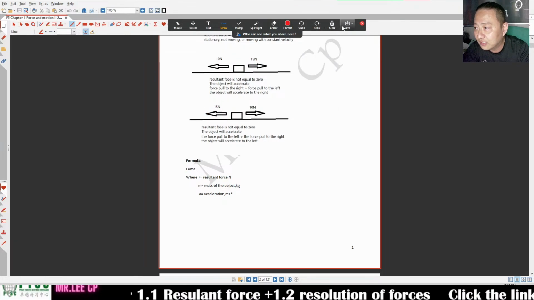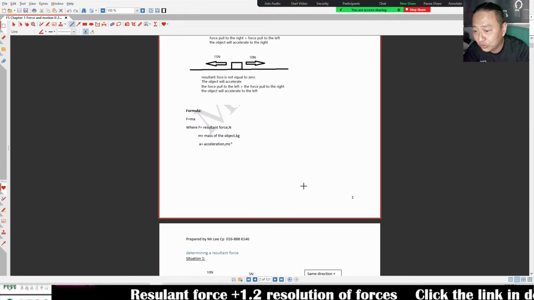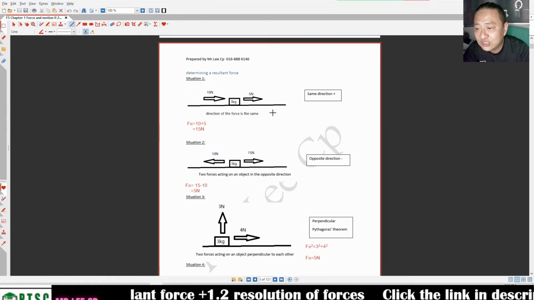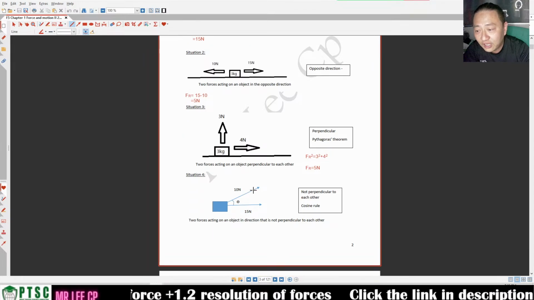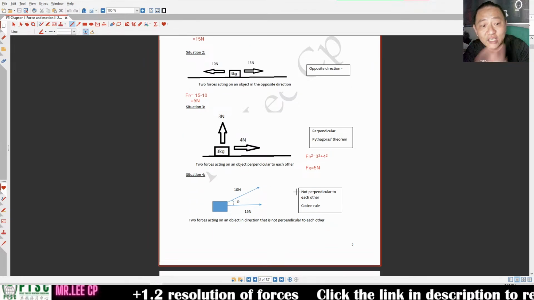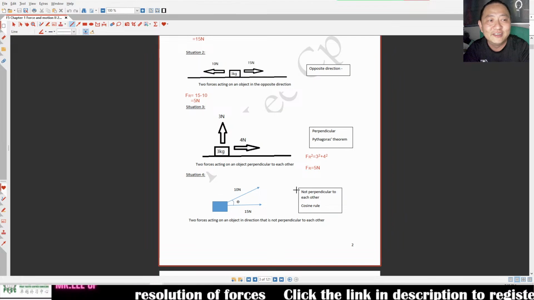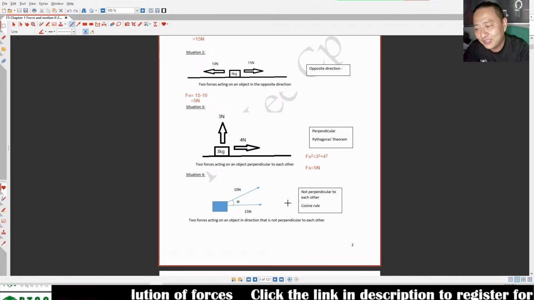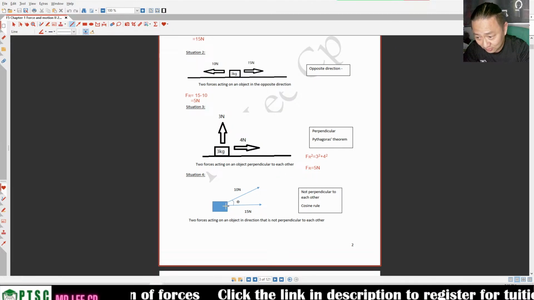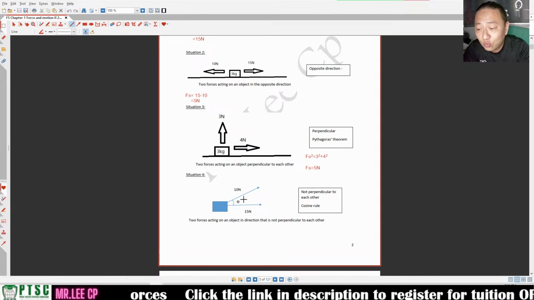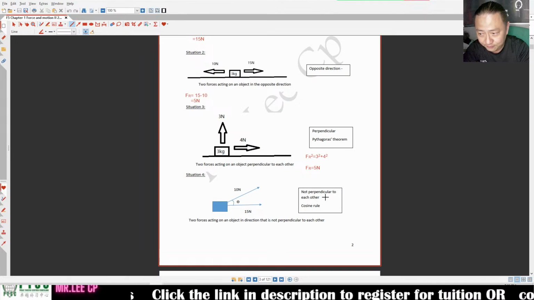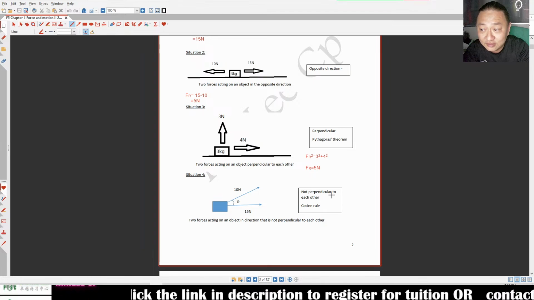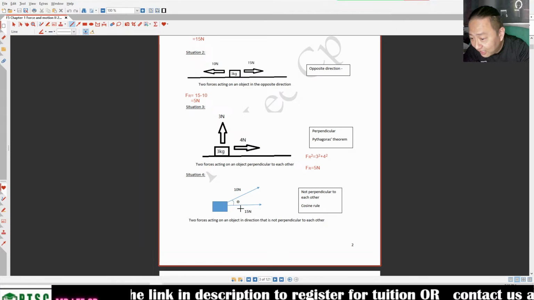This is what we learned last week, and last week we have done some quiz. We got a few situations 1, 2, 3, and 4. I said fourth, this week we are going to do it. This week we are going to do situation 4, which is not perpendicular, and it is not left and right only.